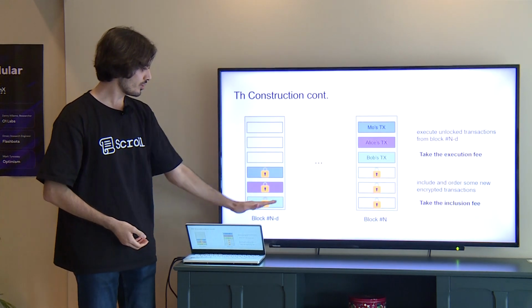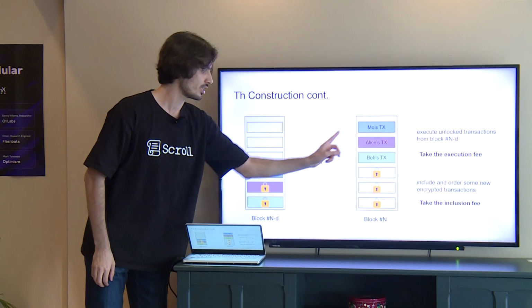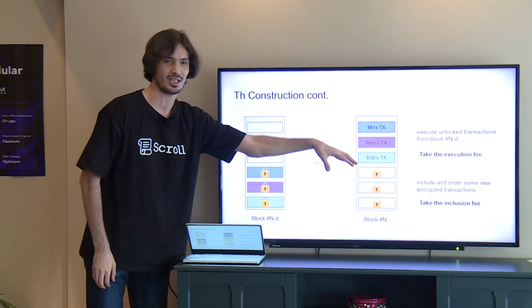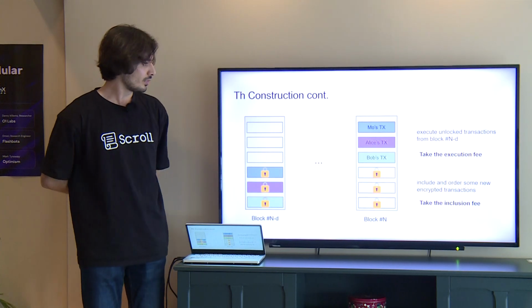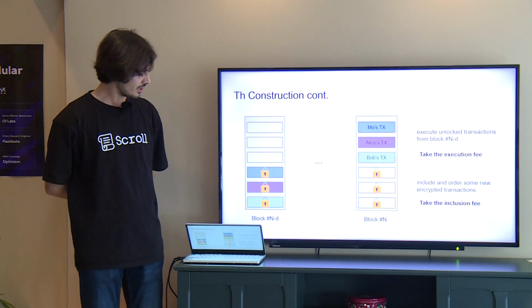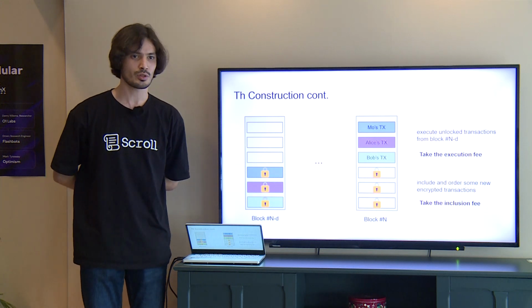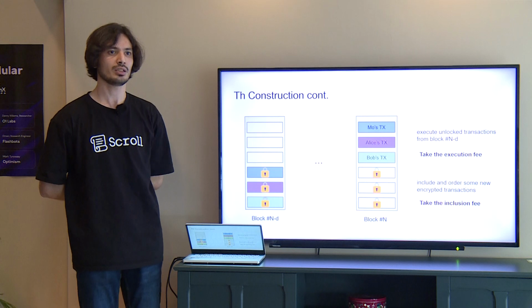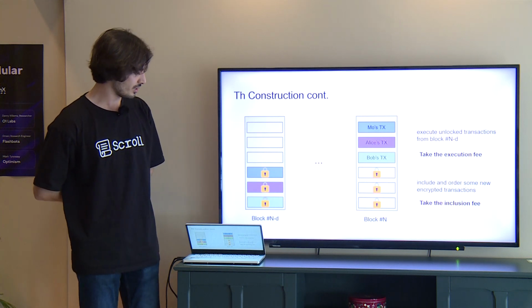But for validators, they have to decrypt these transactions and make sure they match, and this can introduce a lot of work. We have some benchmarks. It seems like it's doable on normal validator nodes, like an Intel NUC kind of validator node, but that's a fair criticism.